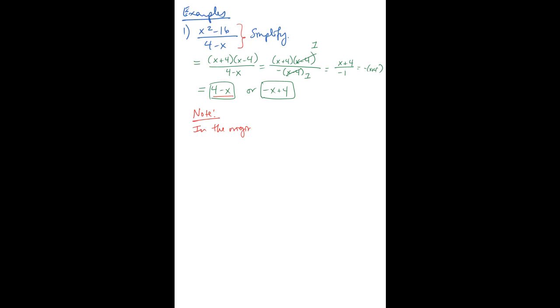In the original expression, x was not able to be 4. Why? Because then we would get 0 in the denominator.